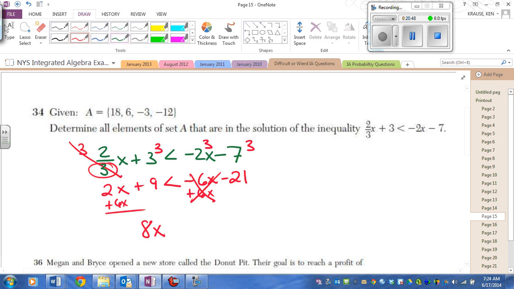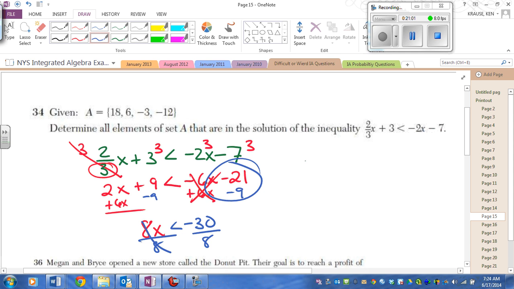And then I'm going to subtract 9, I get less than negative 30. I divide by 8, and I divide by 8, and I get x less than negative 30 over 8, which really doesn't help me because these are numbers, and I've got to figure out which of these numbers, if any of them, work. So I need that as a decimal.